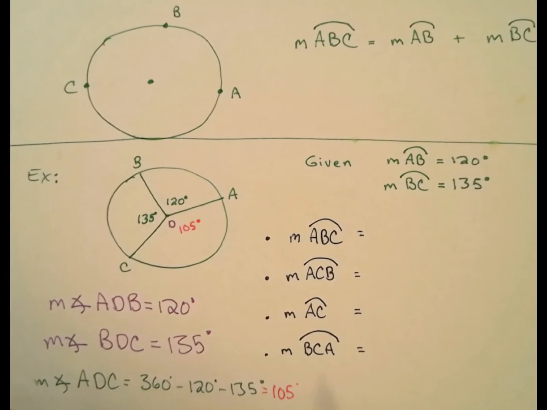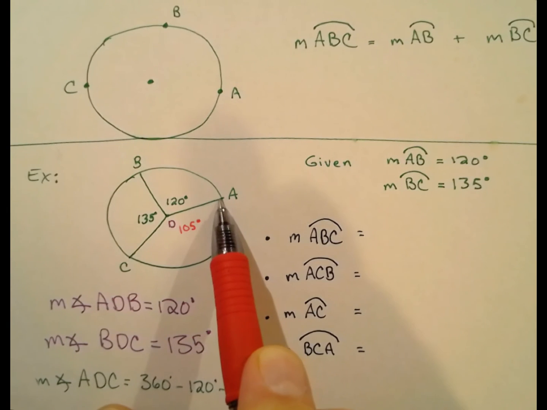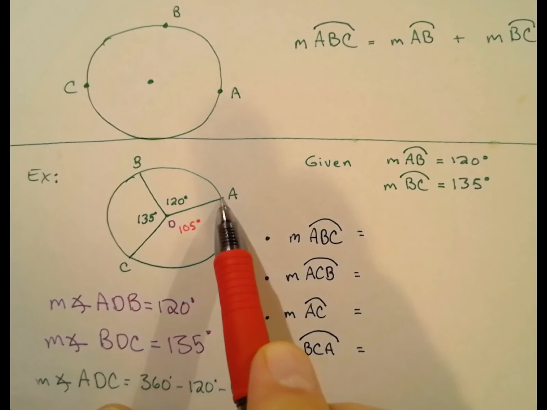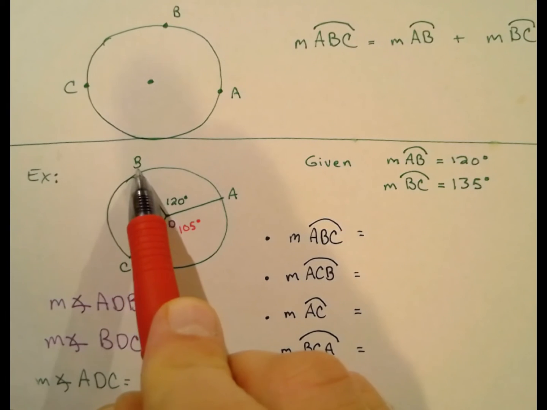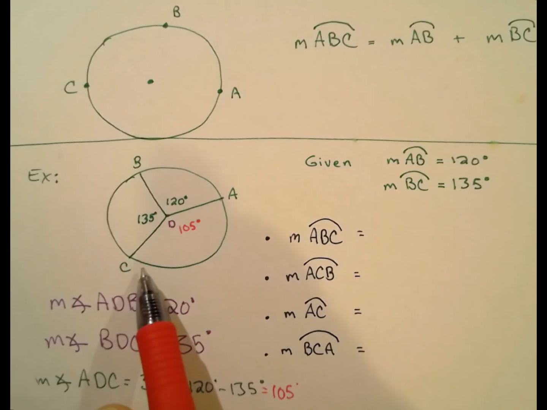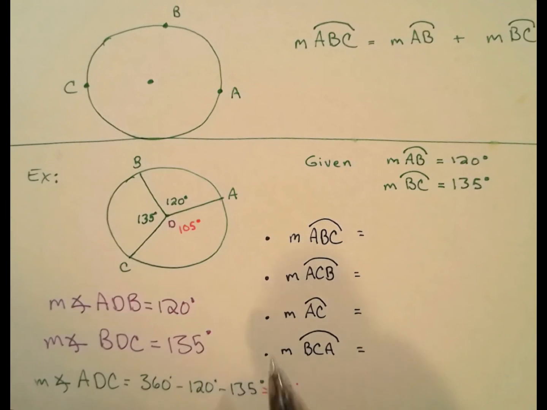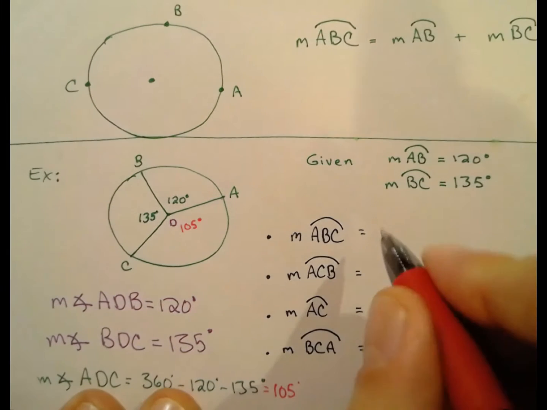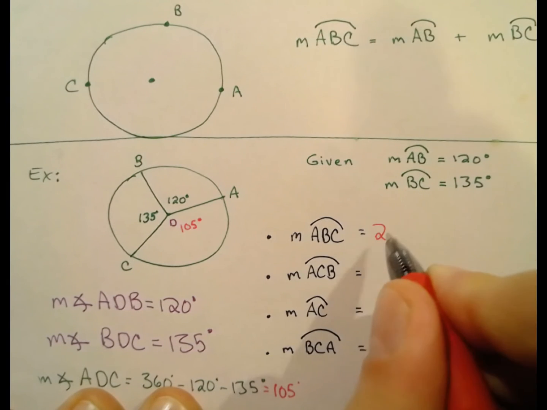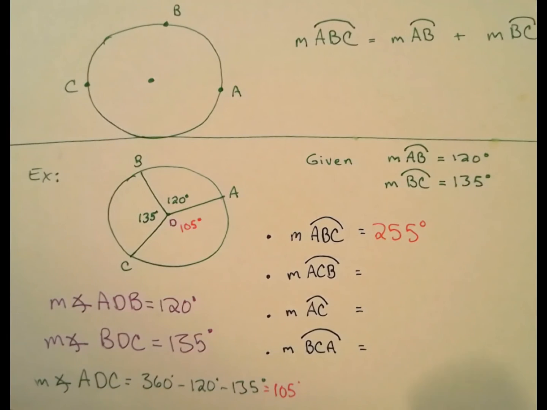All right, let's take a look at these 5 examples now that I figured out that other central angle. Measure of arc ABC. We're going to start at A, end at C, and go through point B to get there. So starting at A through B, stopping at C, we're going to add these two together. So that is going to be 255 degrees. The measure of arc ACB.